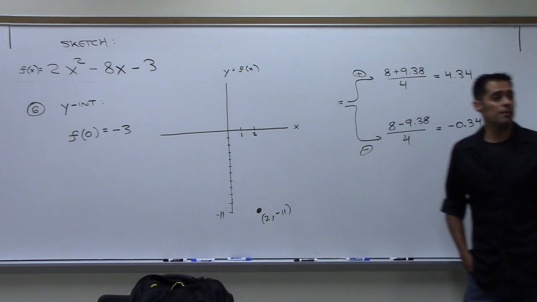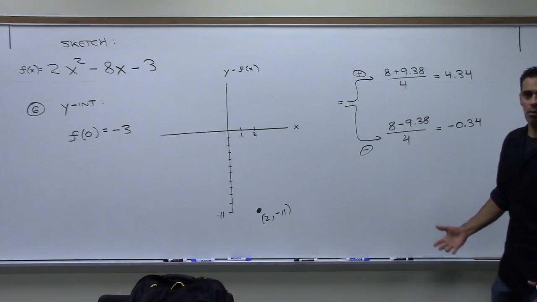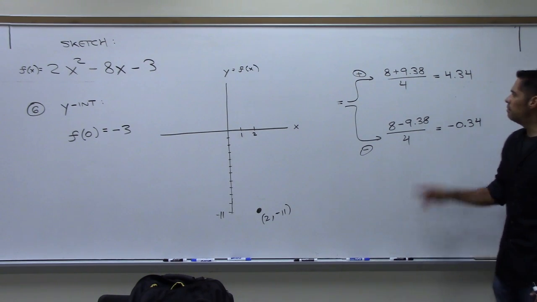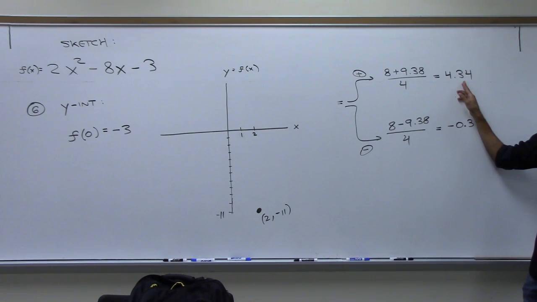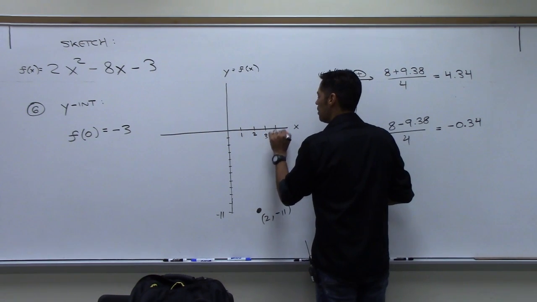The next information that I gathered was the x-intercepts, right? These two things. So 4.34, that's bigger than 4, right? It's less than 4.5. So this is why people always ask me, how many decimal places do I need to go?